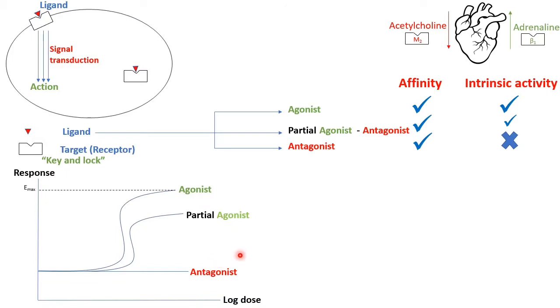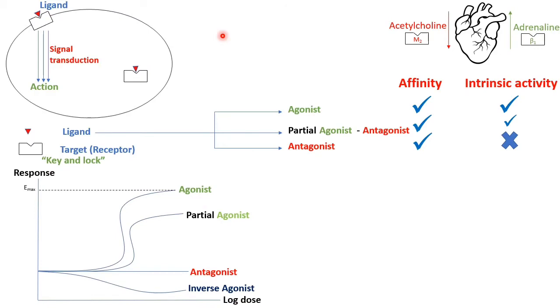Okay. And we have a fourth type of ligand that we wouldn't talk much about. It gives a response that is lower than the normal, or it decreases the normal response of a certain receptor when binding to it. And for that we call that ligand an inverse agonist, because this ligand does exactly the opposite of an agonist.